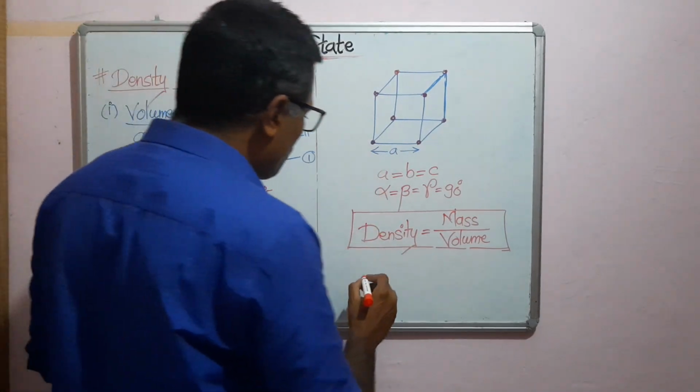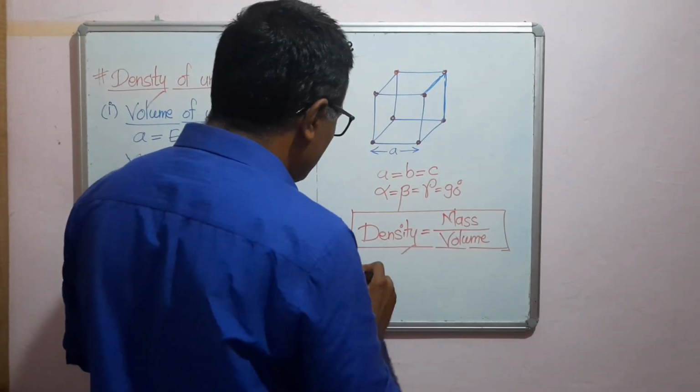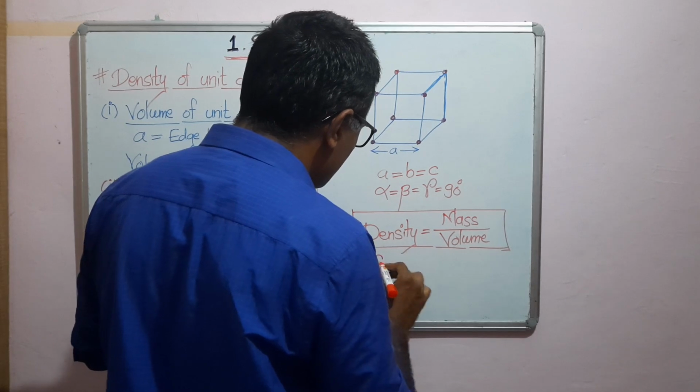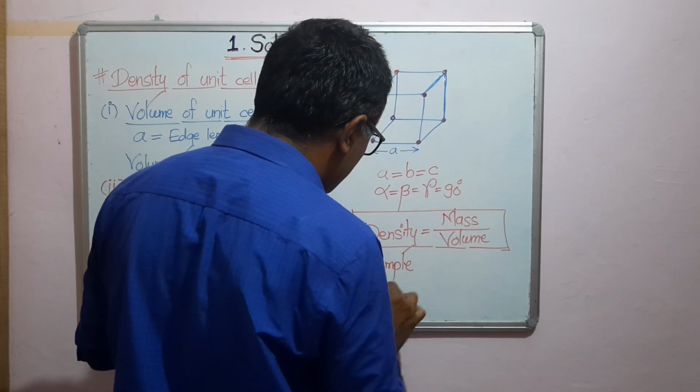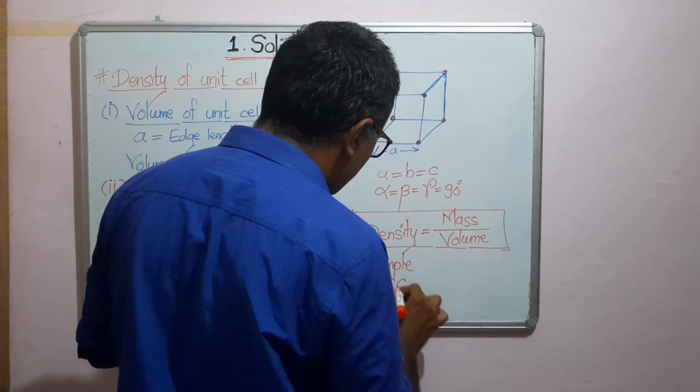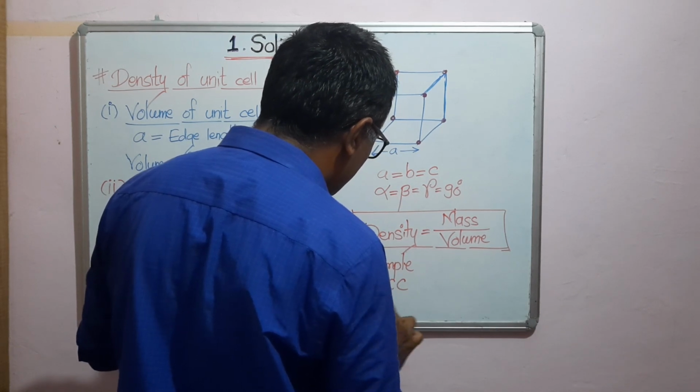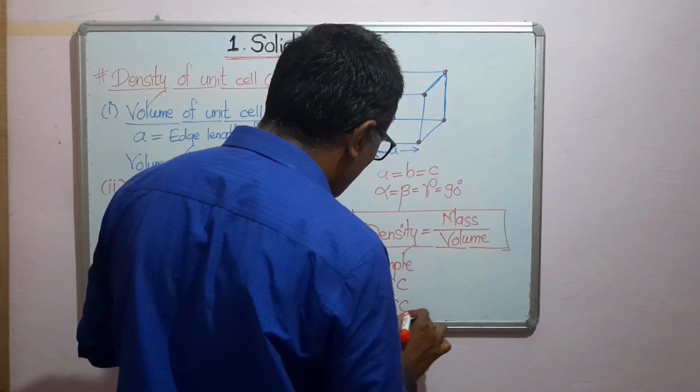So in case of cubic system, there are three types of Bravais lattices. First one is a simple unit cell, second one is a body centered cubic unit cell, and third one is a face centered cubic unit cell.